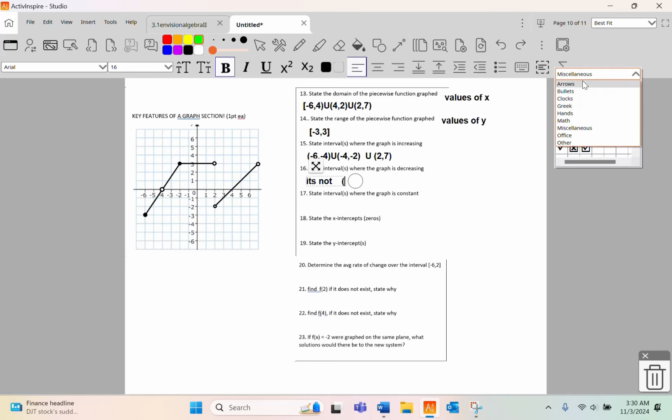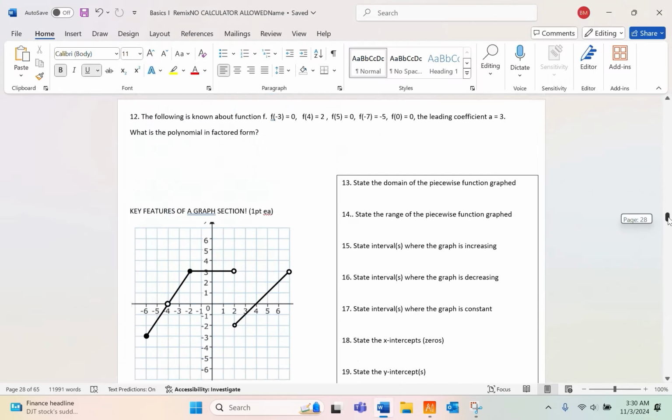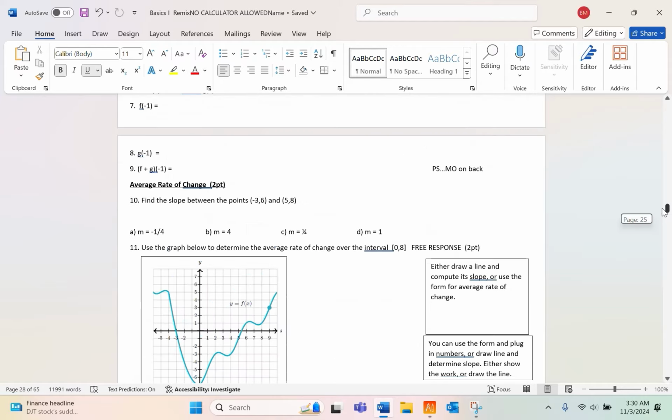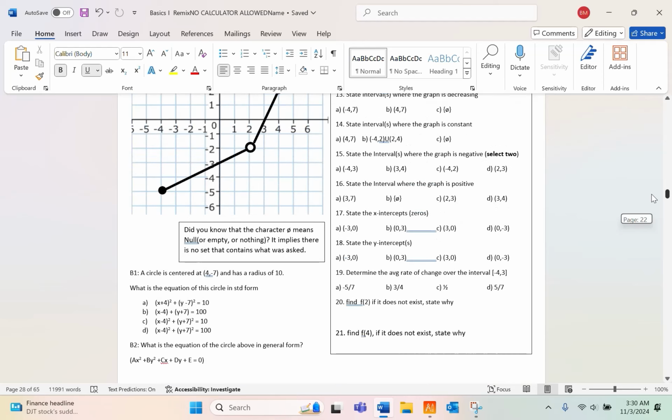Huh. Okay, maybe I can, I'll just steal an image off of it. This is on the last quiz. There it is. This character right here means null or empty set.